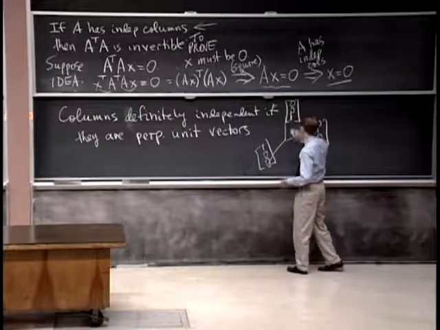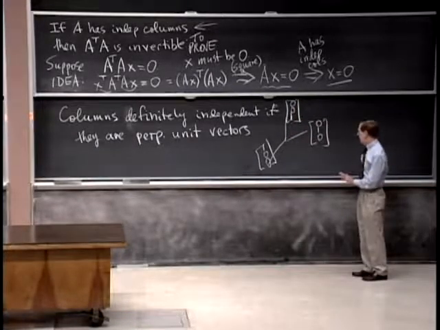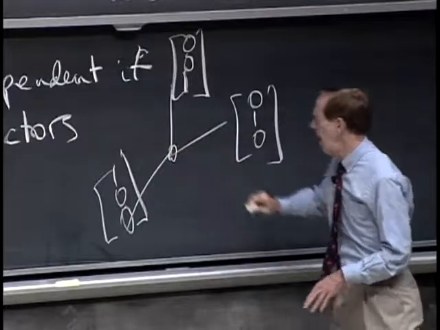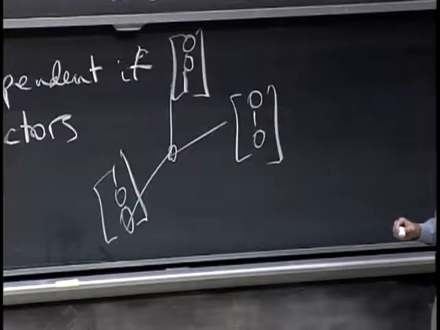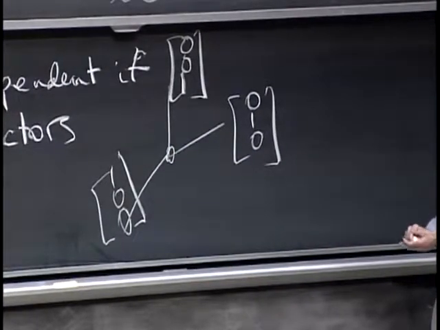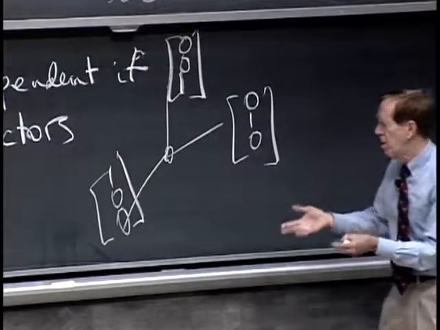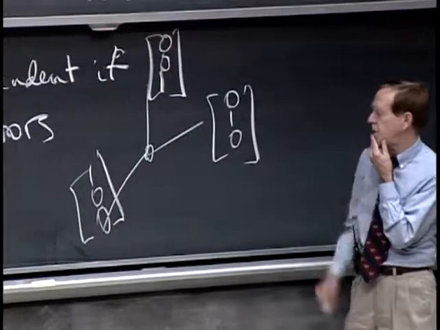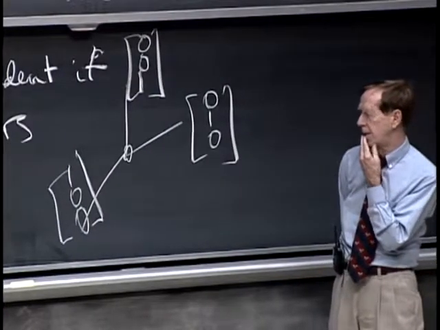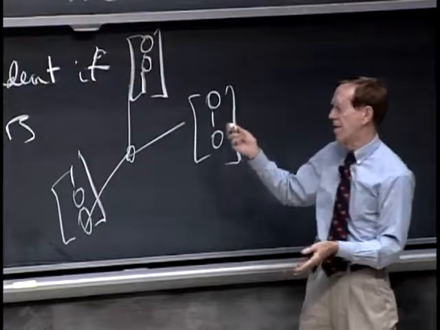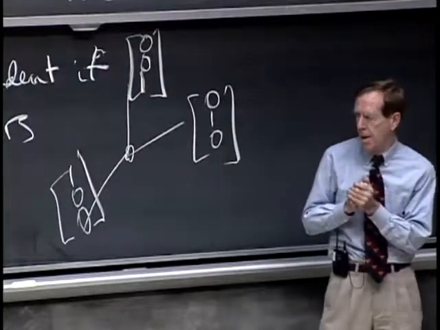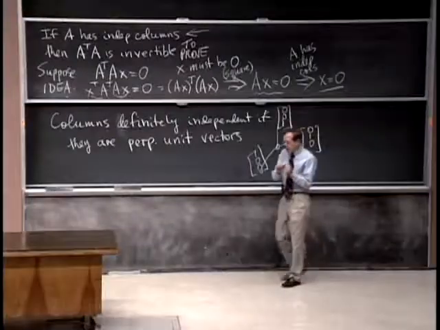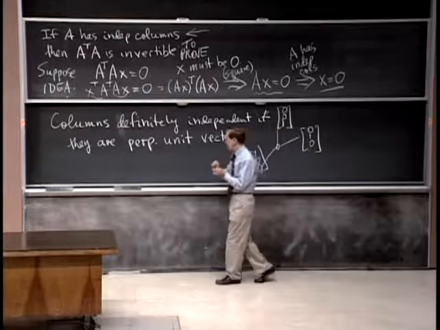Those vectors are unit vectors. They're perpendicular, and they certainly are independent. And what's more, oh, that's so nice. What is A transpose A for that matrix, the matrix with these 3 columns? It's the identity. So here's the key to the lecture that's coming.